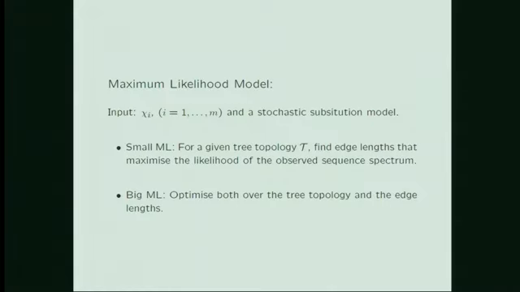Again, we have the small maximum likelihood problem in which you fix the tree topology and you'd like to infer what are the substitution probabilities, or equivalently, if you know the rates of substitutions, what are the lengths in terms of time of each of these edges. That's a small ML problem.